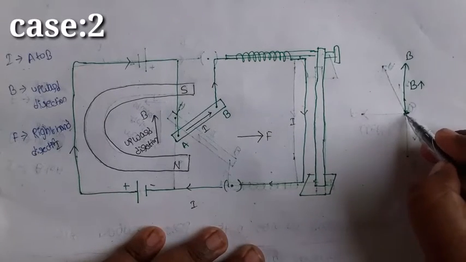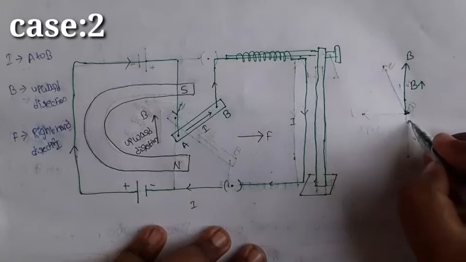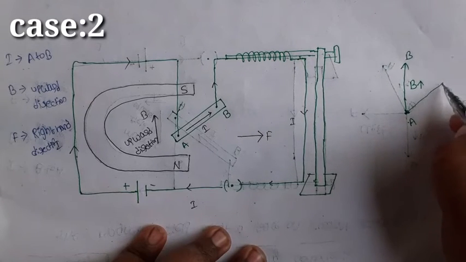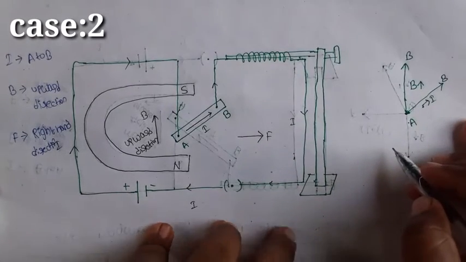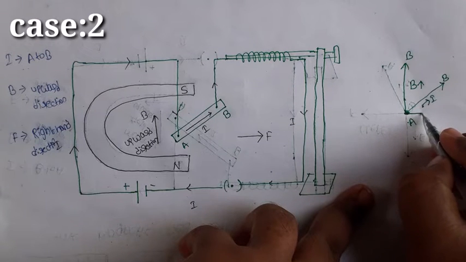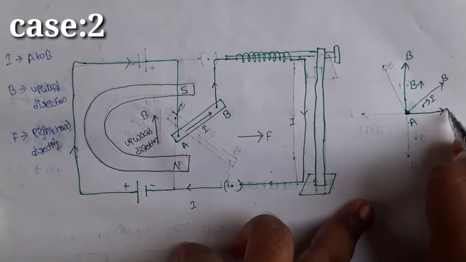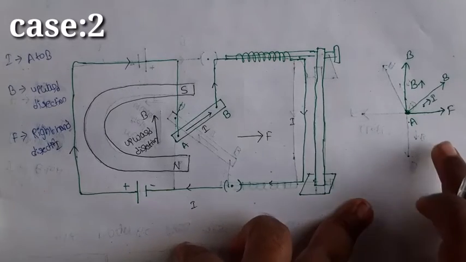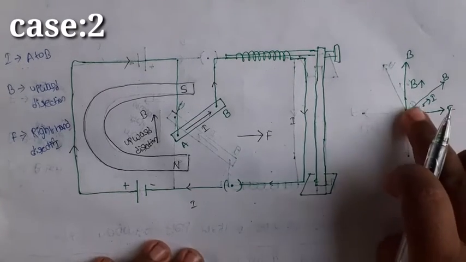This is the point of conductor A. This is the point of conductor B. So current is flowing A to B direction. This is the direction of the current. In this situation, the magnetic force is acting towards the right direction. This is the magnetic force.